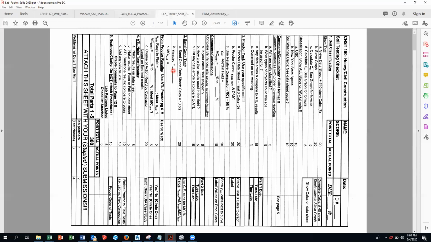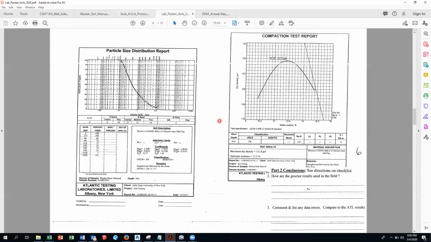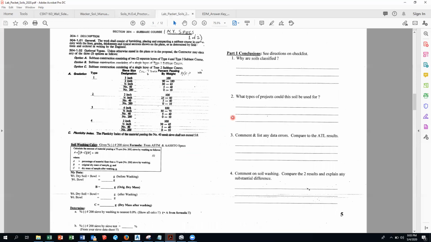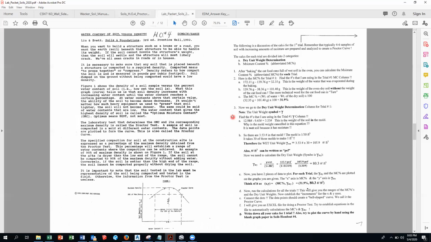This is what you're going to get when you come back, and you're going to run 3 soil tests: sieve test, proctor test, and in-place density test using a sand cone. Here's some information. On page 7, here's all the calcs on how to do the proctor curve.